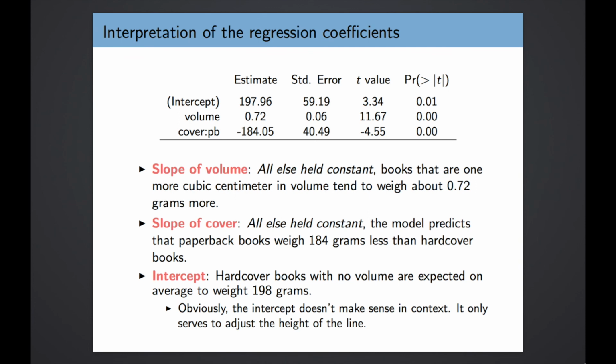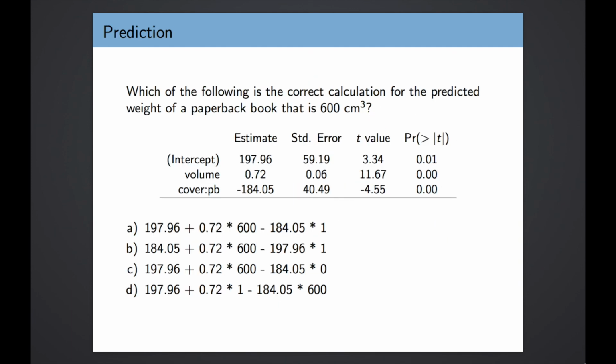So obviously it doesn't make sense to think about there being a book with no volume, and not a physical book anyway. And so the intercept is not something that makes sense in a real world situation, but this is where that regression line is going to cross the y-axis at 197.96 grams.